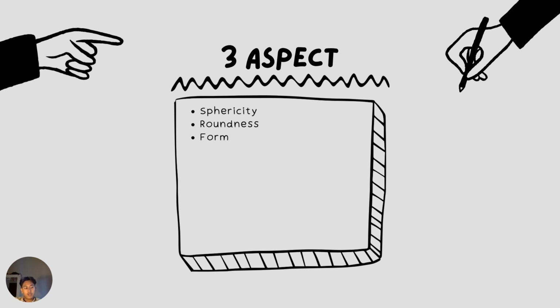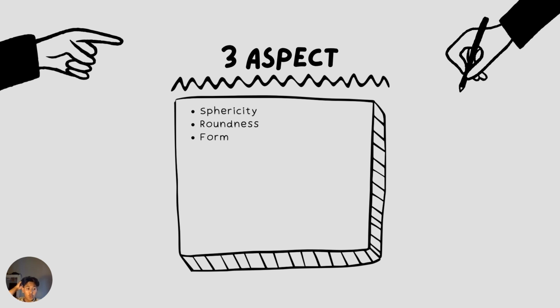And the second one is roundness. Roundness measures how smooth the corners are. When the roundness is high, the pebble is well rounded. But when the roundness is low, the pebble will be angular or very angular.